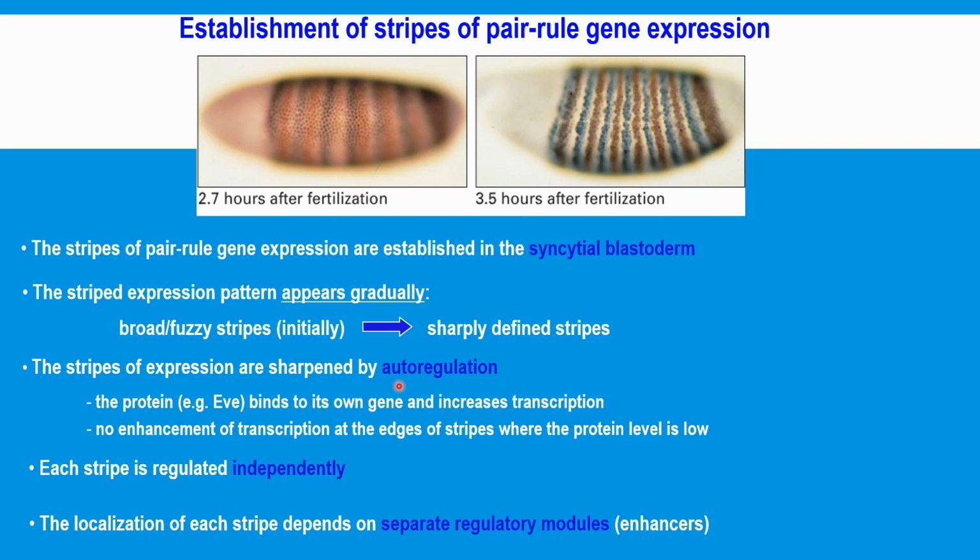So you will have no enhancement of transcription at the edges of the stripes where protein levels are low, but you will have increased transcription at the center of the band. Each stripe is regulated independently, and the localization of each stripe depends on separate regulatory modules, or enhancers, in the even skipped and Fushi tarazu genes. We'll have a look at that next.